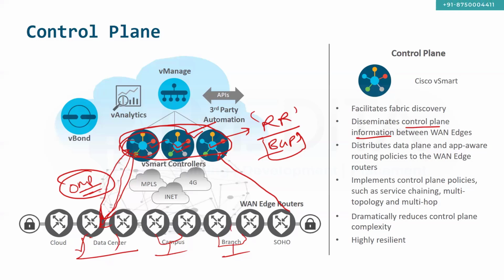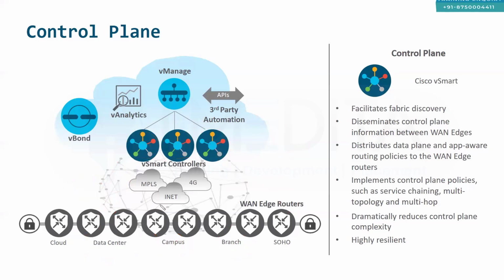Let me tell you one thing here: if you have a campus router and you want it to exchange routes with a branch router, there is no way to exchange that control plane information directly between the routers. This is not how Cisco SD-WAN works.